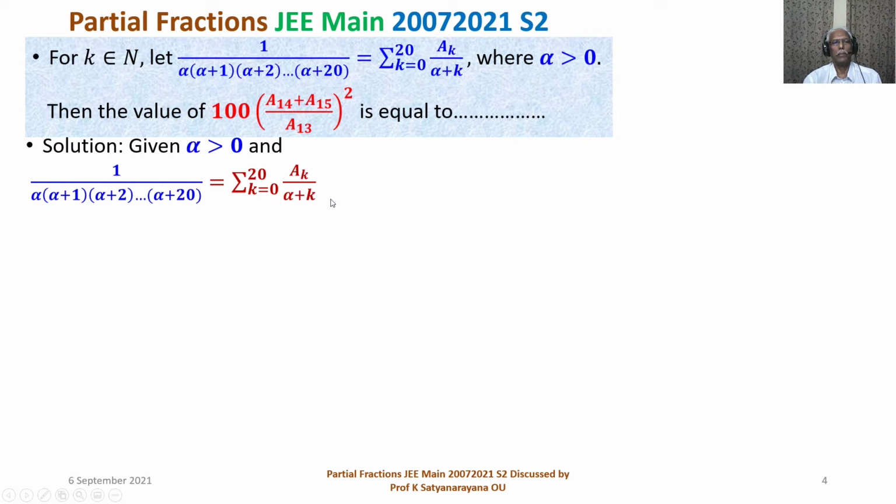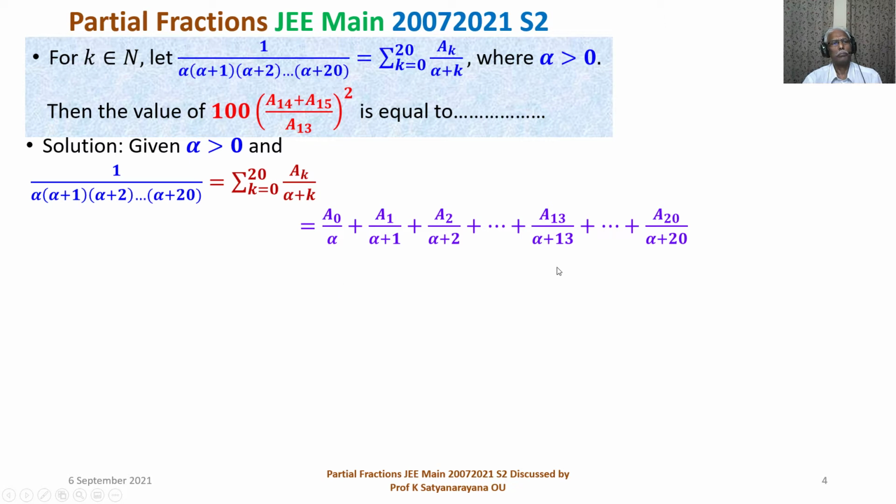That is, we write down independently: a naught by alpha plus a1 by alpha plus 1 plus a2 by alpha plus 2, and so on. At the 13th position, that is k is equal to 13, a13 by alpha plus 13, and so on, up to a20 by alpha plus 20.